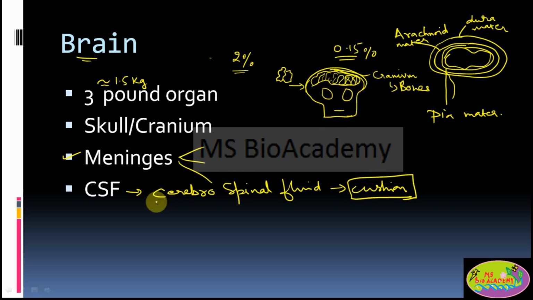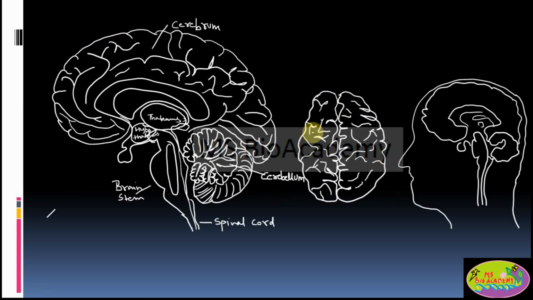The same thing is given to the brain by the cerebrospinal fluid. It acts as a cushion and protects the brain from any kind of shock or injury. That is the main role of the cerebrospinal fluid. So these are the 3 important protective components protecting our brain from any kind of injury, shocks and accidents. So this is important.